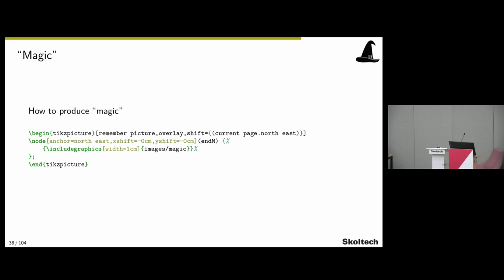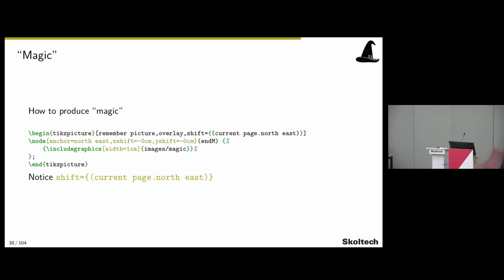We also use the command include graphics. It means that inside this TeX picture, we want to put the picture from a PNG file with width 1 centimeter. So this command will place the picture of the head in the upper right corner of the slide.